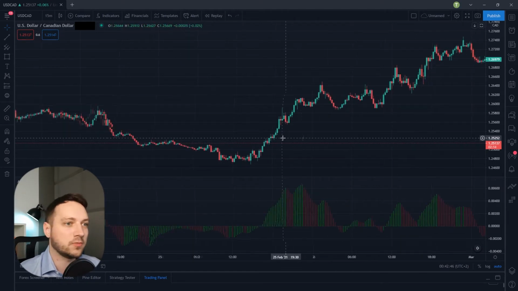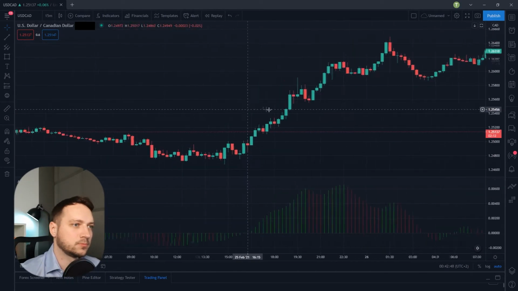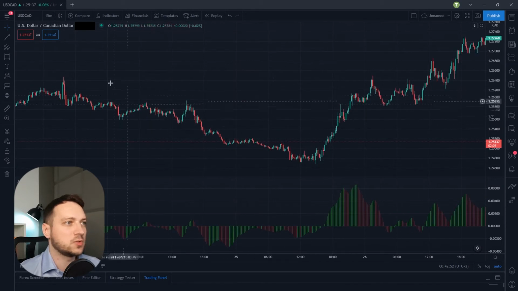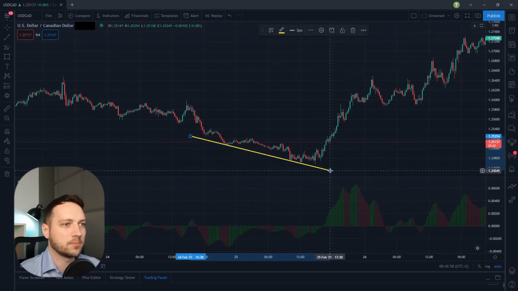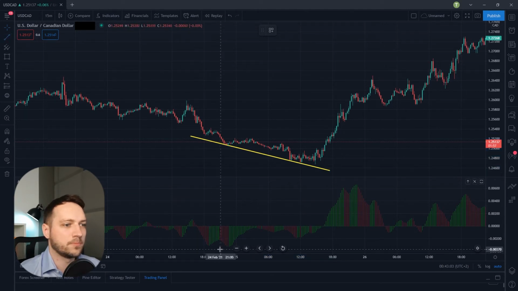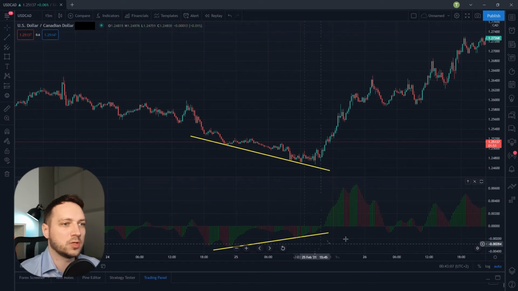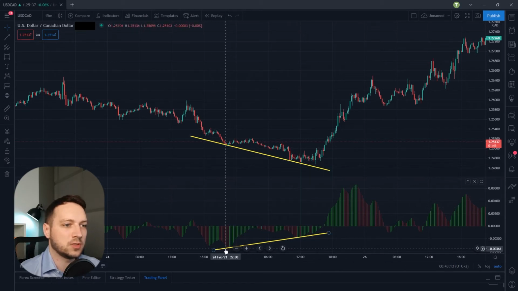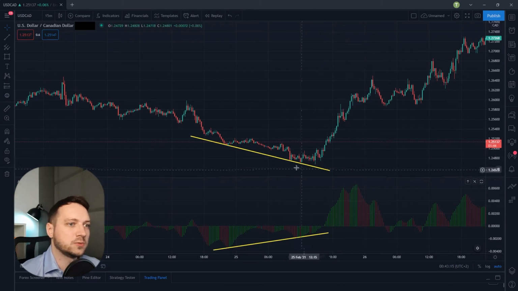Okay, and we have another example. Let's zoom it out. We have again the situation with the divergence. Let's mark it with the trend line. We have an ongoing trend on the chart, and clearly on the histogram we have the opposite trend. So we are making lower lows, but here we are making higher lows.